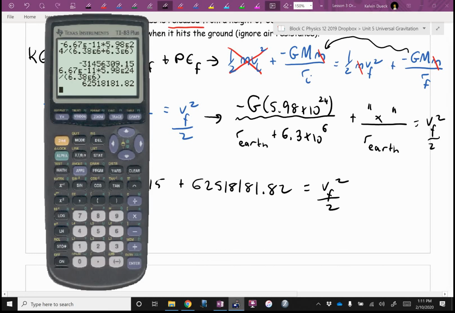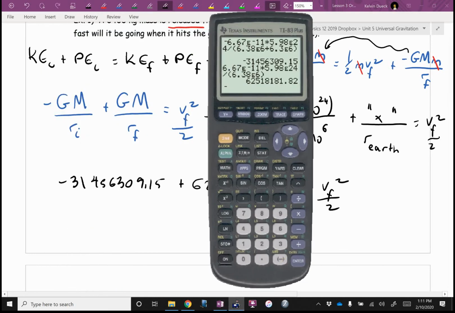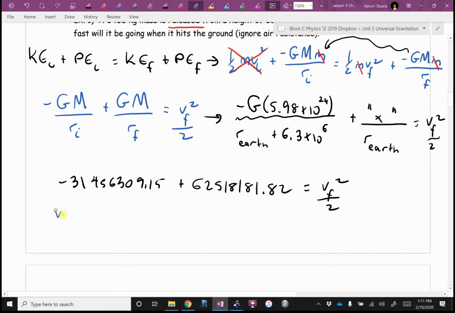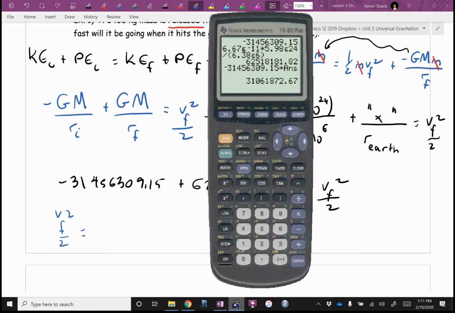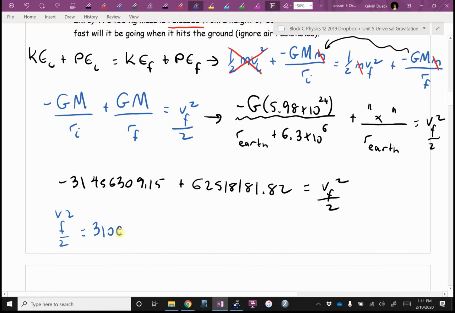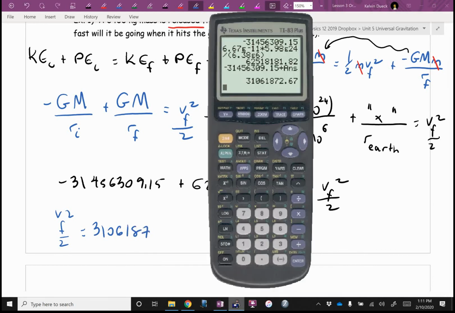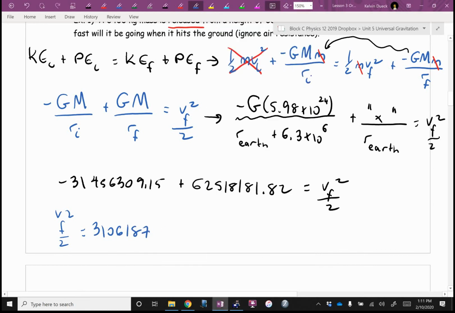Well, that's pretty easy. It's going to be negative 31456309.15 plus, answer button. And I get 31061872.67. I get VF squared over 2 equals 31061872.67.